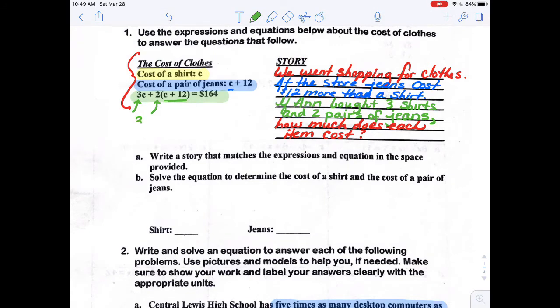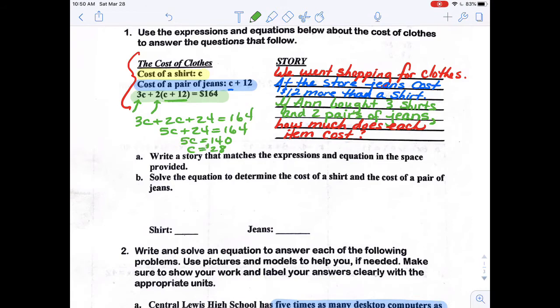So when I solve that equation, I can see that I've got the distributive property to do first. Then I can combine like terms. Then isolate the variable by subtracting 24 on both sides. Continue to isolate the variable by dividing by 5 on both sides.